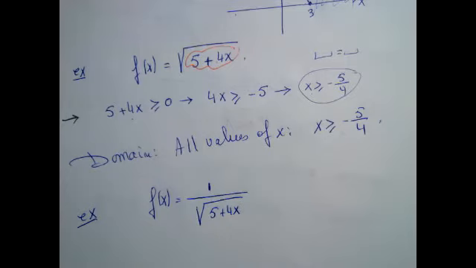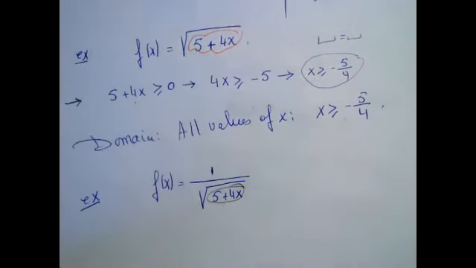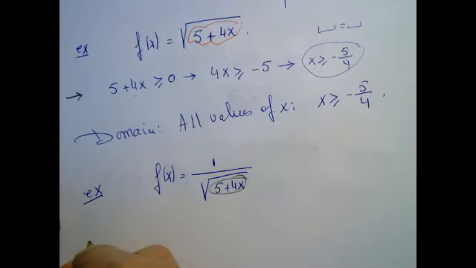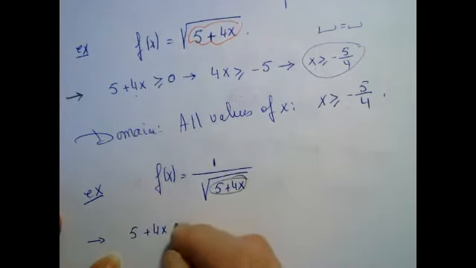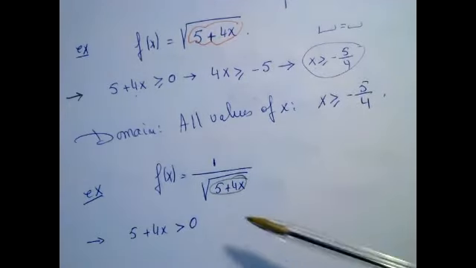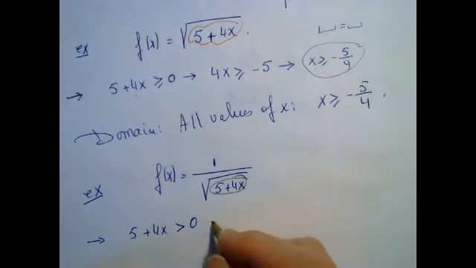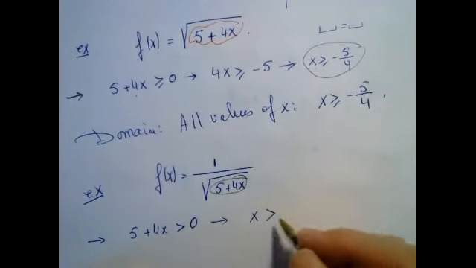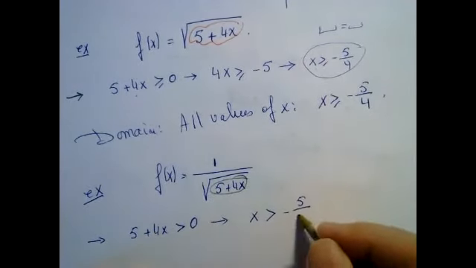Absolutely correct. Now I have two issues. I have a denominator that I will not allow to be 0, and I have an expression under the square root that has to be positive. So this time, the only difference between it and the first problem is that I need to solve strictly positive. It means 0, I will not allow. I will not allow my expression to be 0. And this would give me x strictly greater than -5/4.